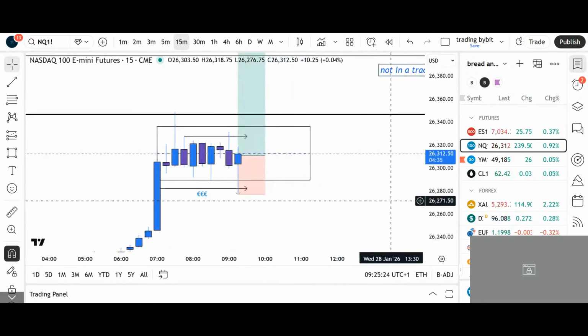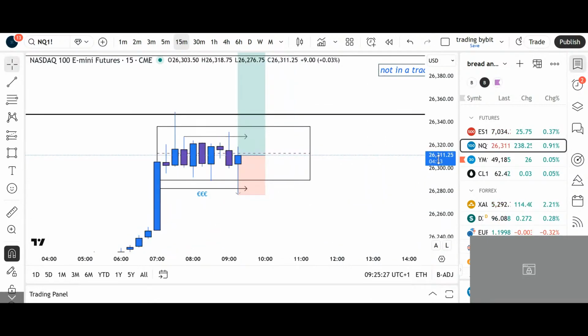I'm going to be patient until this 4 minutes closes, at least. I want to see how this next 4 minutes closes and this 15-minute candle.